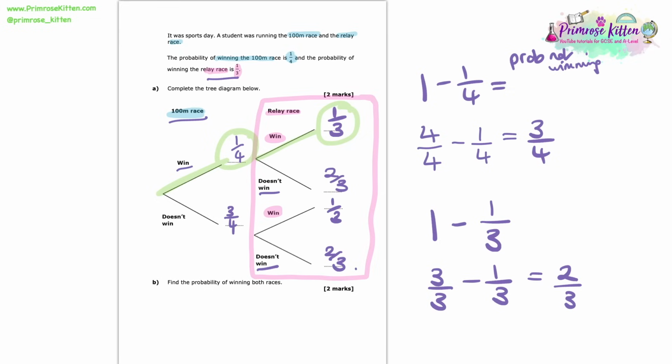So here you can see we've clearly gone along the branches. So we're going to multiply 1/4 by 1/3. And here when we multiply fractions together, we multiply the tops and then we multiply the bottoms. So here we're going to get 1/12. And that there will be the probability of winning both races.